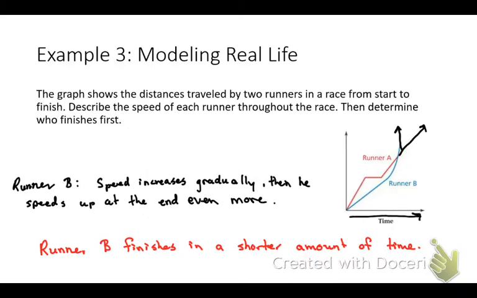So he finishes it in a shorter amount of time than runner A. We don't know how much shorter because there's no numbers, but that doesn't matter. Okay? So runner B finishes the race faster.